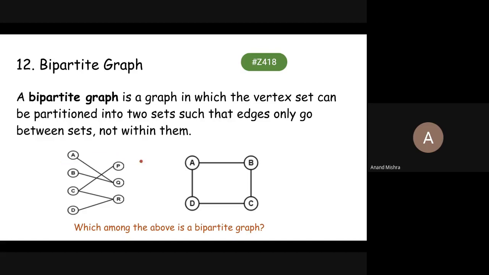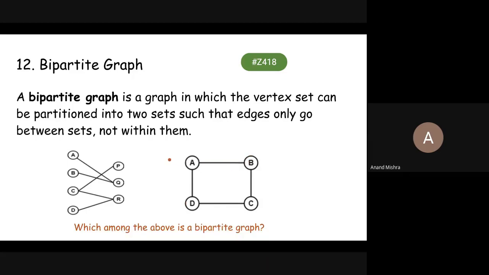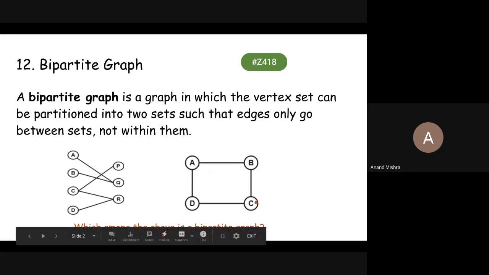Because what it says is it has two disjoint sets such that the edges only go between sets. If I define my sets as A and C as one set, B and D as another set, then between B and D there is no edge, and similarly between A and C there is no edge.